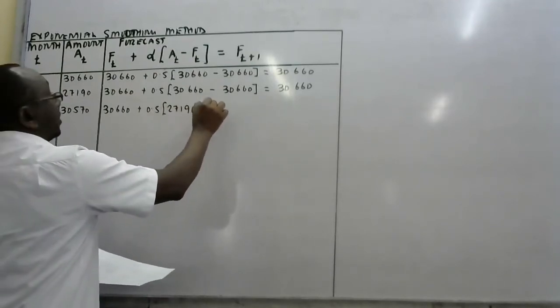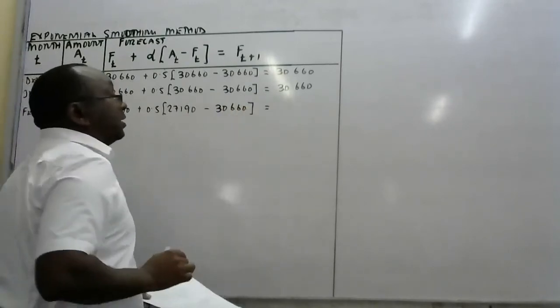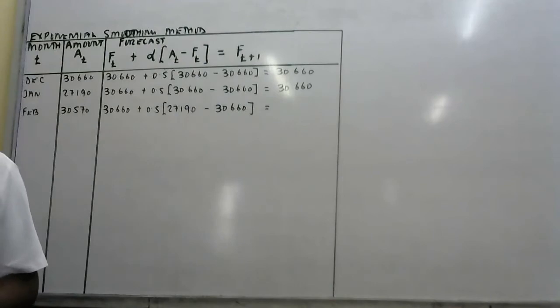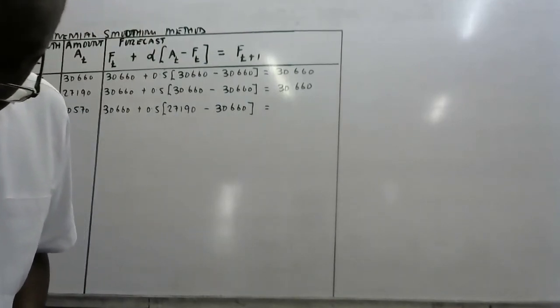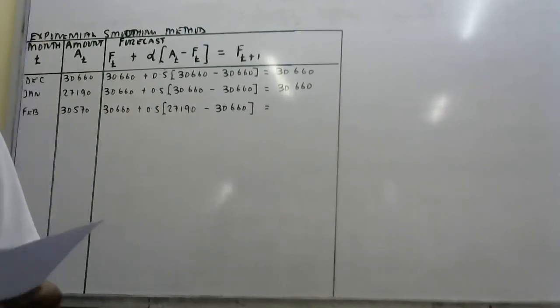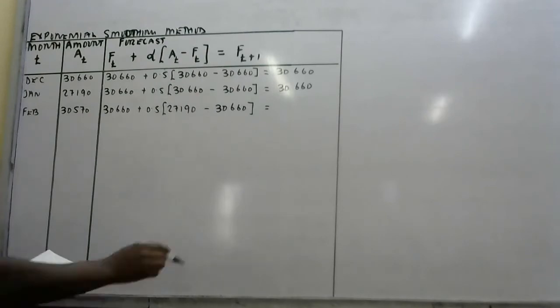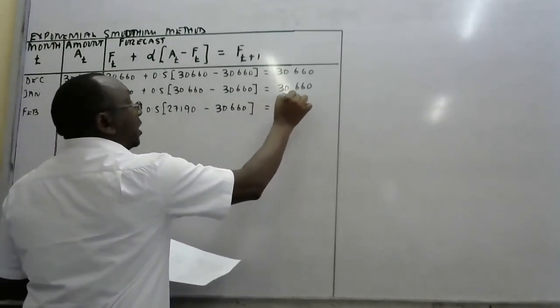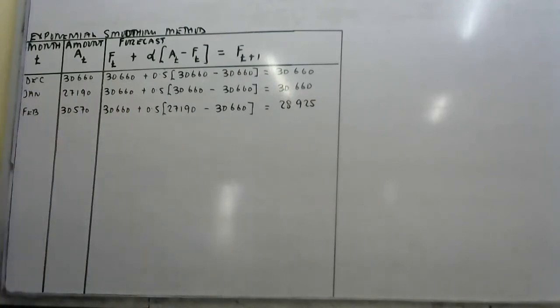The forecast is 3660. So give me that answer. $28,925. Confirm, okay?